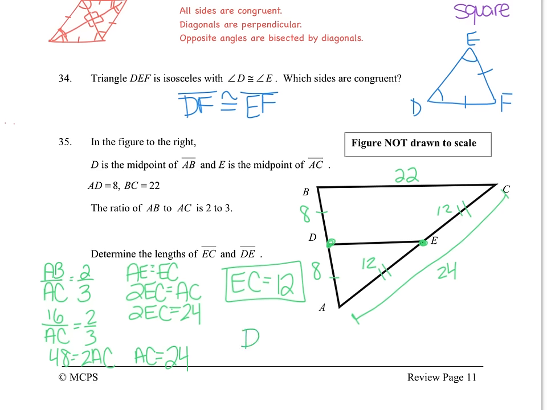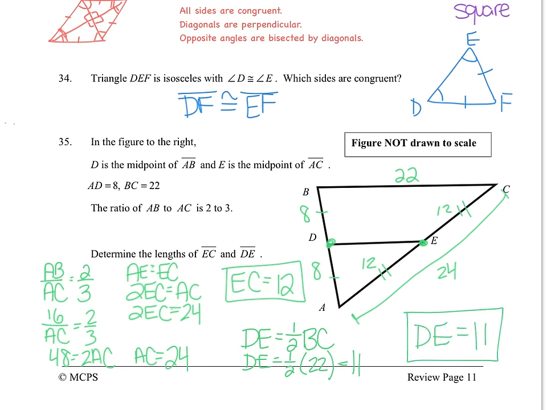Therefore, we know DE is going to be half of BC, and that's because DE is the midsegment of triangle ABC. So if DE is half of BC, and I know that BC is 22, half of 22 is 11, and therefore DE must equal 11.